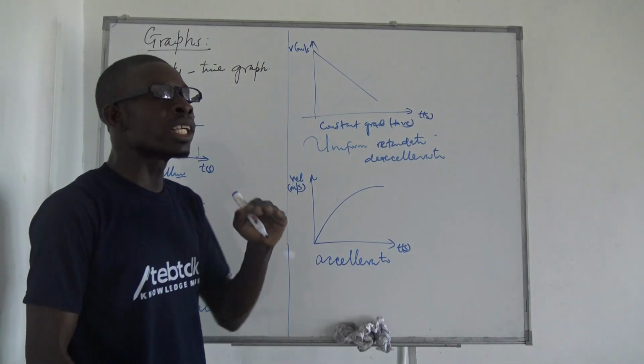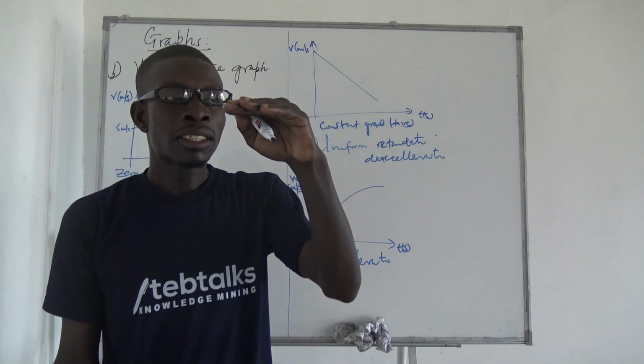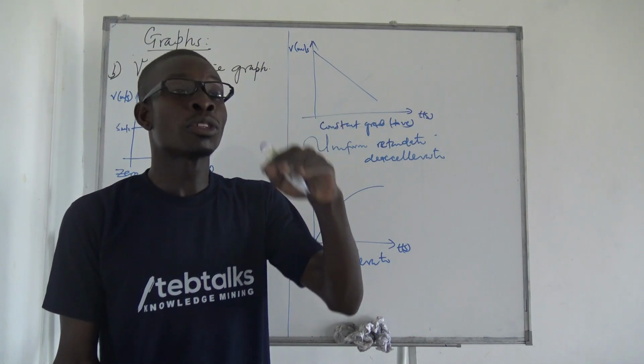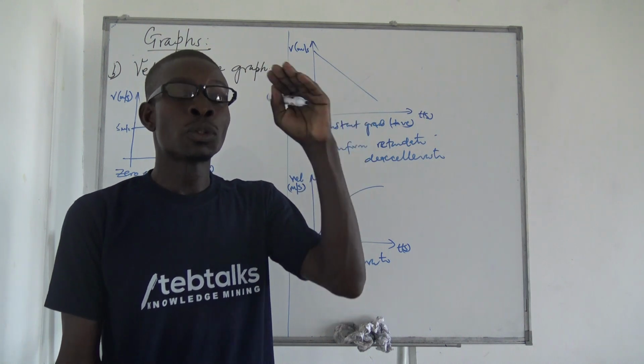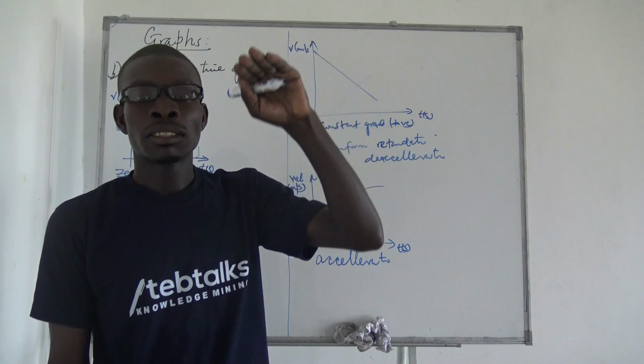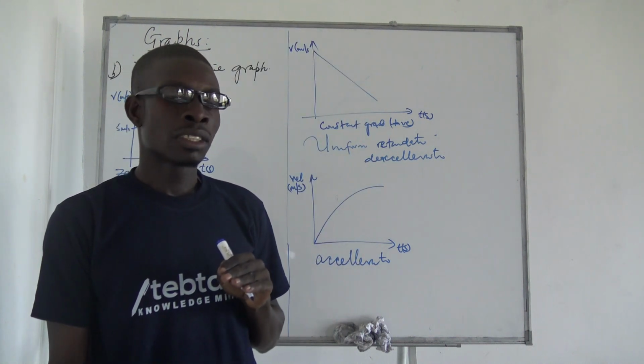It can increase from 0 to 10 meters per second in 5 seconds, and then increase it to 30, from 10 to 30 in still 5 seconds. Are you getting that?